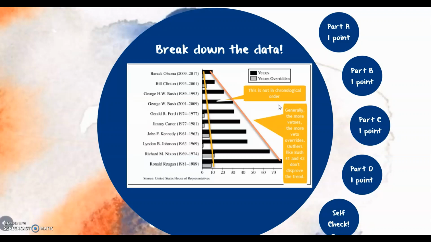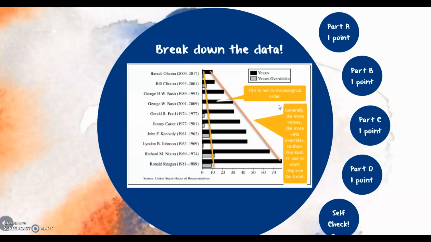You can kind of see if we draw a line or smooth our data, which is actually a thing, just trying to find that straight line that's easier to use, then we would see that starting with Obama and ending with Reagan, with a whole bunch of skipping around in between, our general trend is that the more vetoes, the more veto overrides.